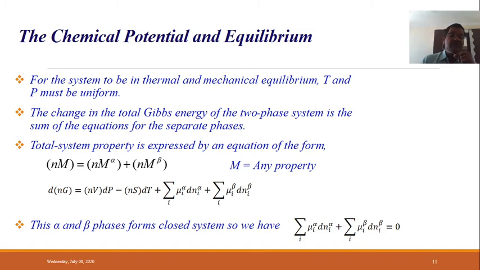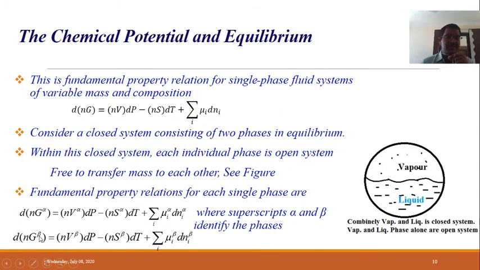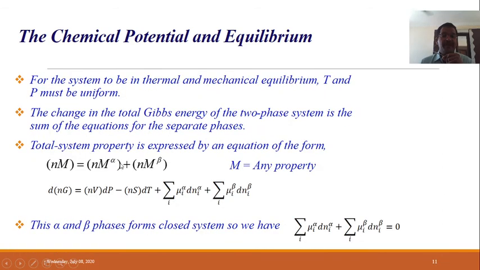So if you add this together, on the left hand side, d(NG) alpha and d(NG) beta, added together, is the total Gibbs energy of that closed system. So it will be replaced by d(NG), right?